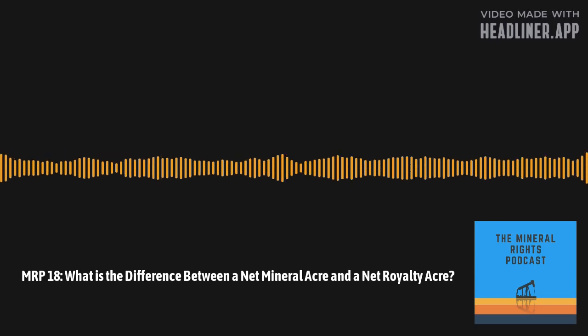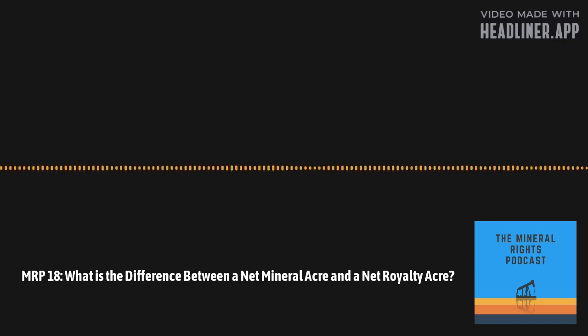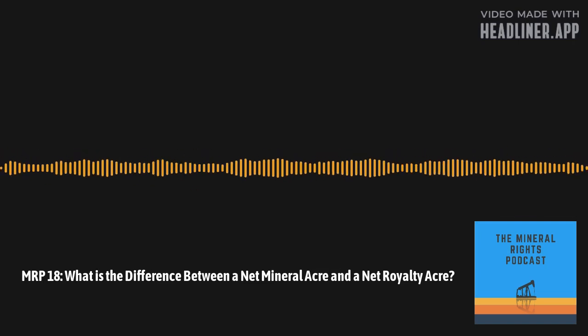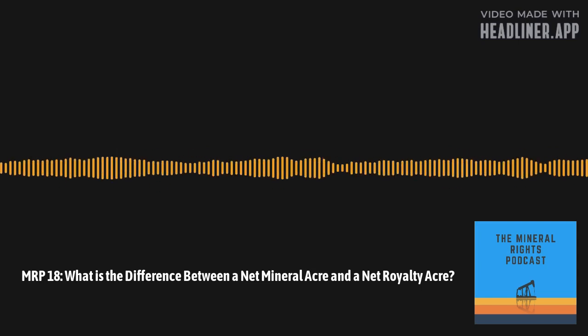So if you get an offer like that, you think, okay, they're offering me $10,000 per net mineral acre. But if it says, assuming a 25% royalty rate, and then you tell them your royalty rate is really 12.5%, the real offer they're going to put on a purchase agreement is going to be closer to that $5,000 an acre.